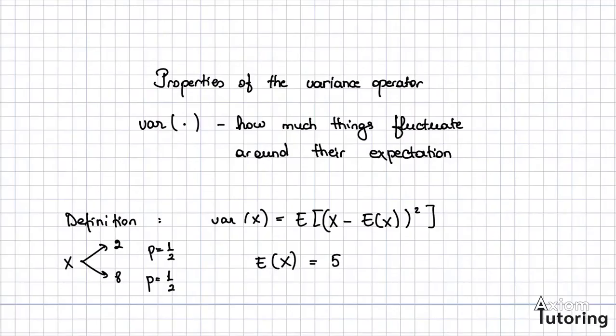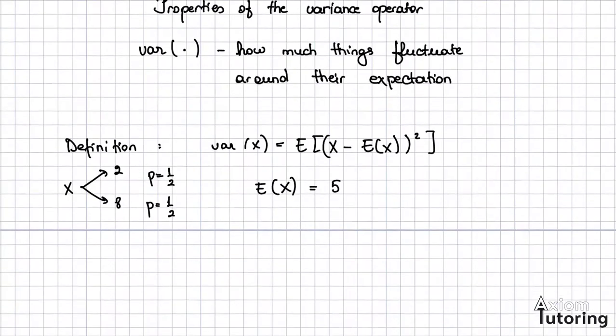We did the computations together. So let's see what the variance is in this case by applying the formula for the definition of the variance. And this is going to be simply 1/2 of (2 minus 5) all squared plus 1/2 of (8 minus 5) all squared.